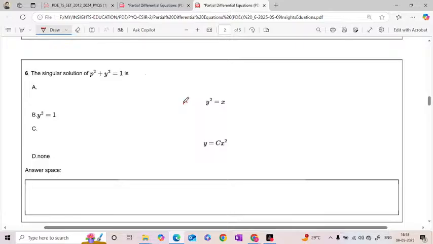This is option A, option B, and option C. Singular solution.